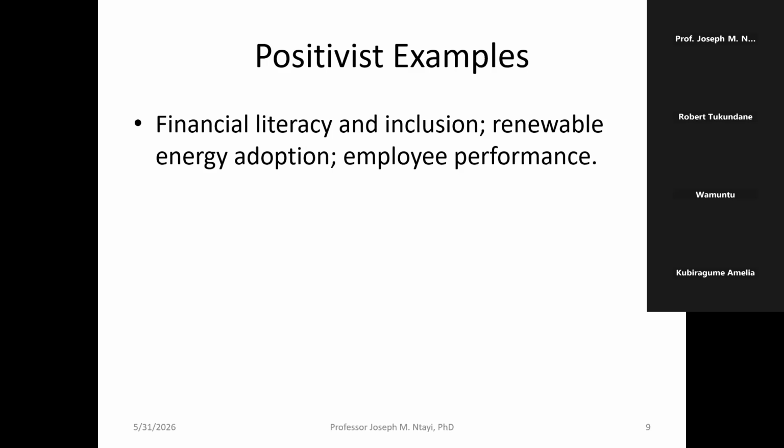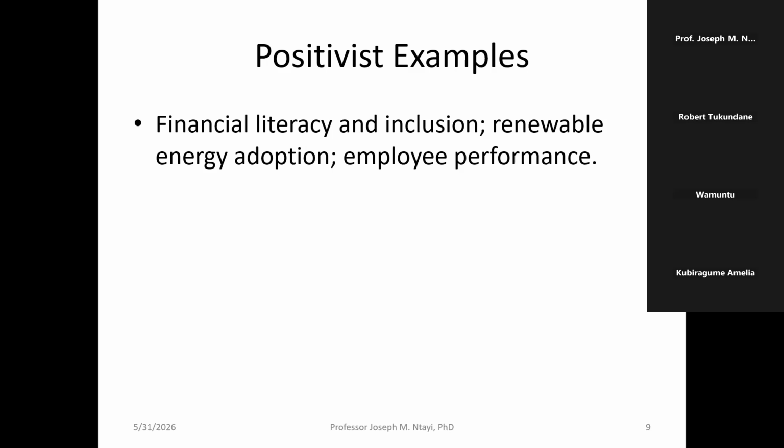Let's use renewable energy adoption. So you may discover that, for example, countries are investing a lot of resources in what we call renewable energy infrastructure. And you know very well that in Uganda, I think we've tried our level best in that area.